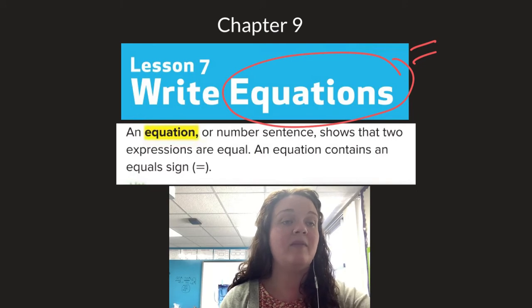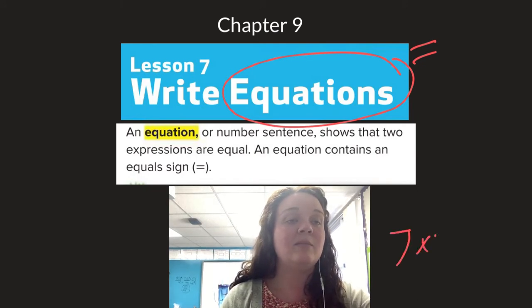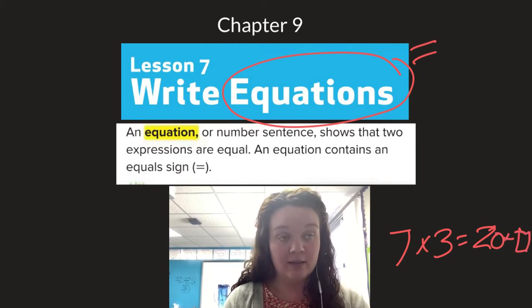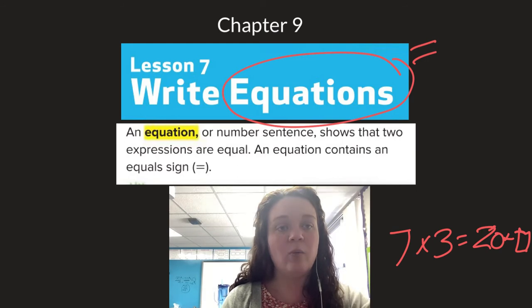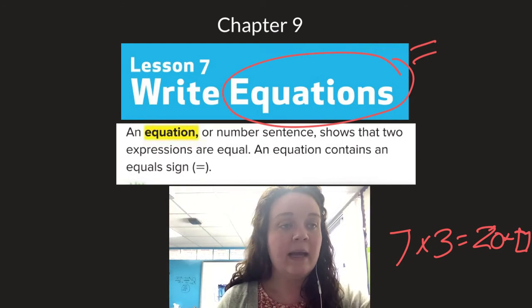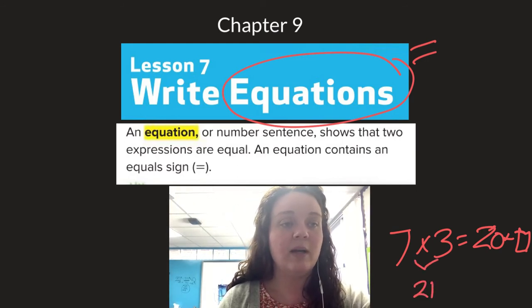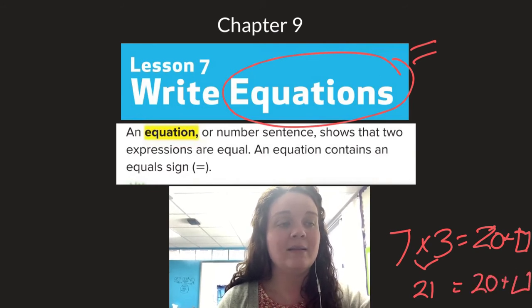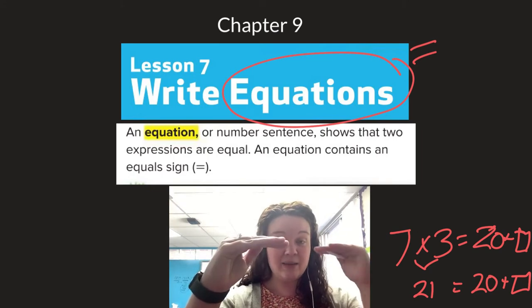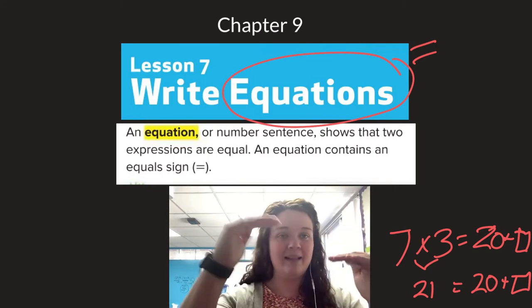So for example, if I said 7 times 3 equals 20 plus what? You would say, well, we can solve each side of the equation. 7 times 3 is 21. 21 is equal to 20 plus what? Right? We want 21 to be equal to the other side to balance out.